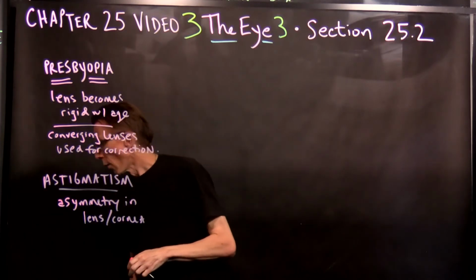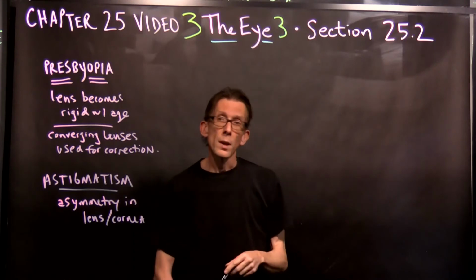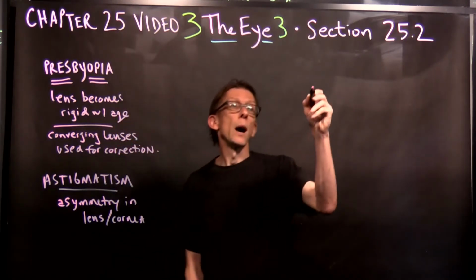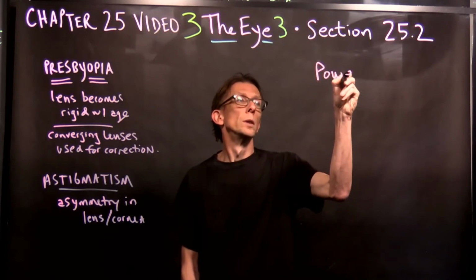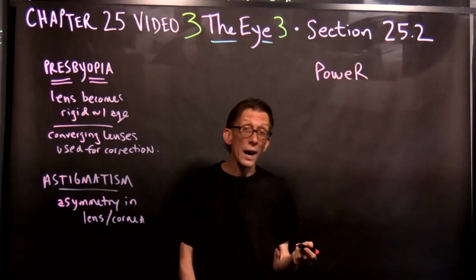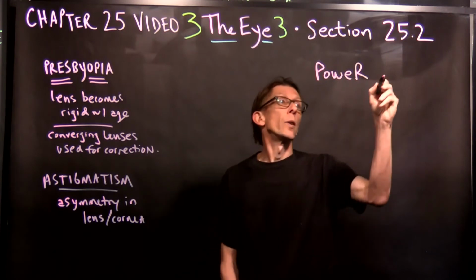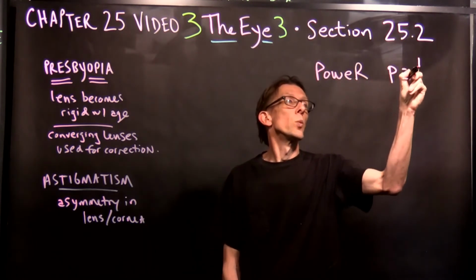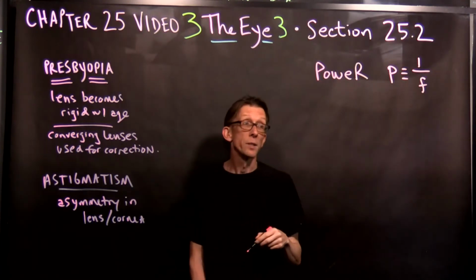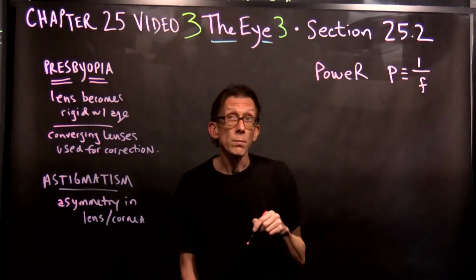So there's that. One thing I wanted to finally mention is that doctors, eye doctors, use something called the power. This is not a watt, like we talked about earlier in class. It's not a watt. It's a power of a lens. And the power is defined as 1 over the focal length of the lens with F measured in meters.